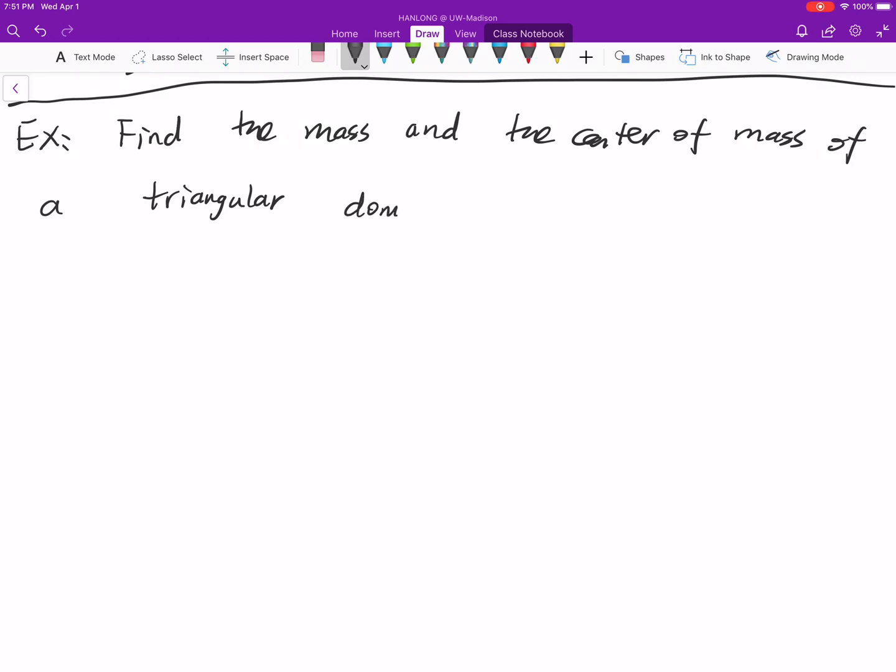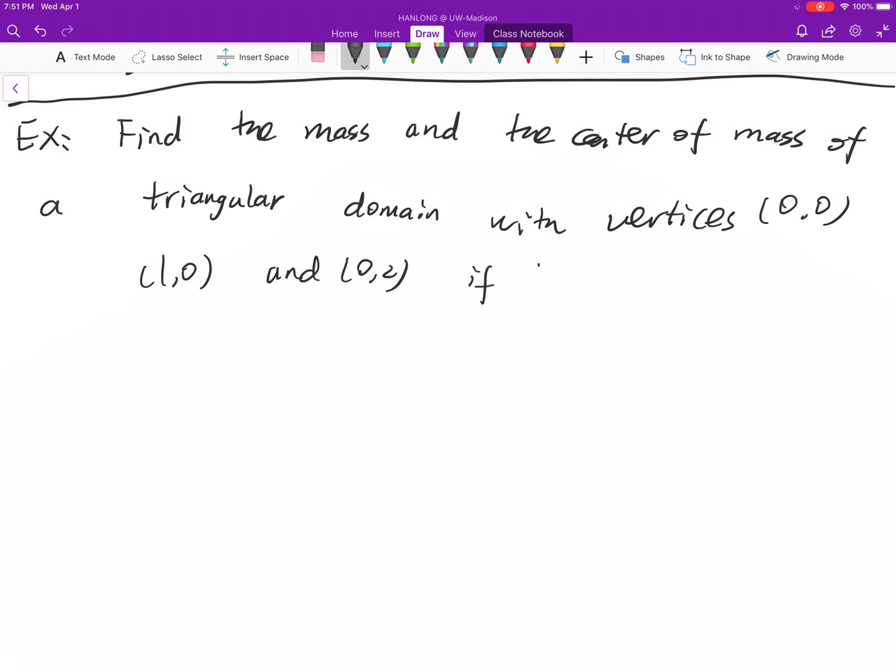domain with vertices (0, 0), (1, 0), and (0, 2), if the density function is rho(x, y) equals 1 plus 3x plus y.